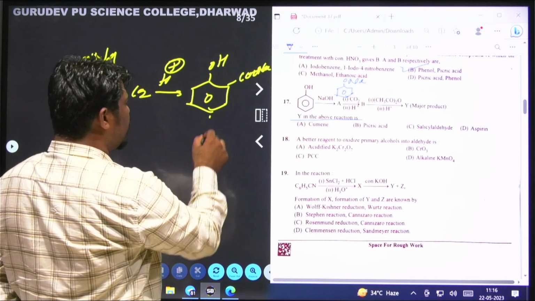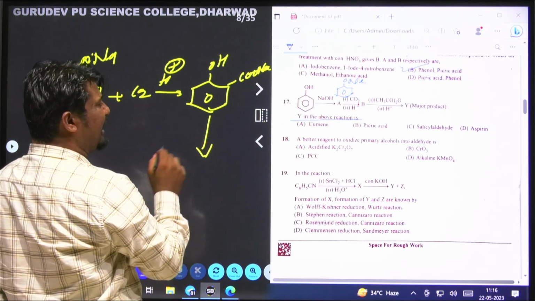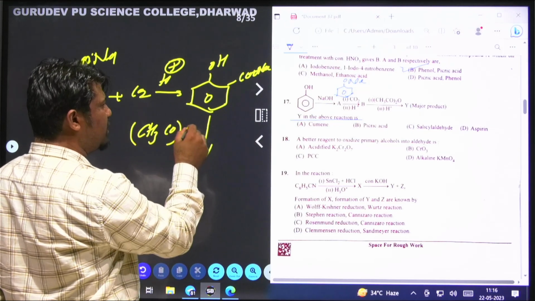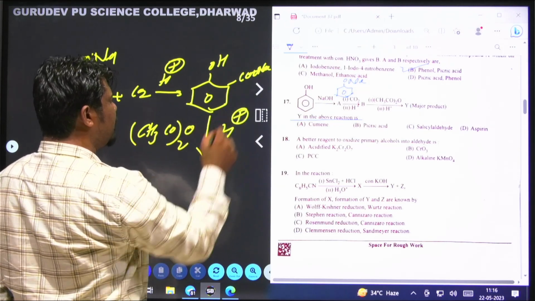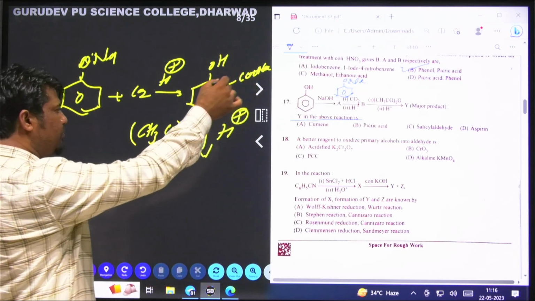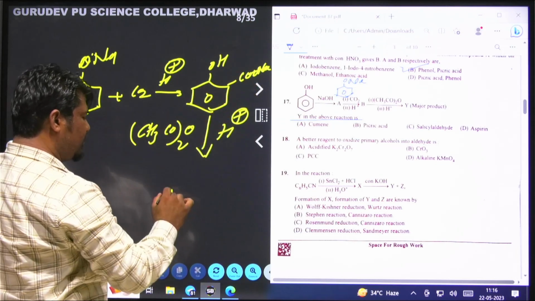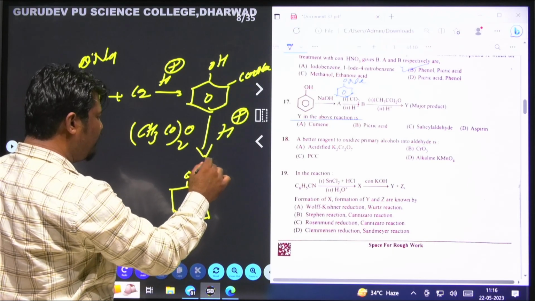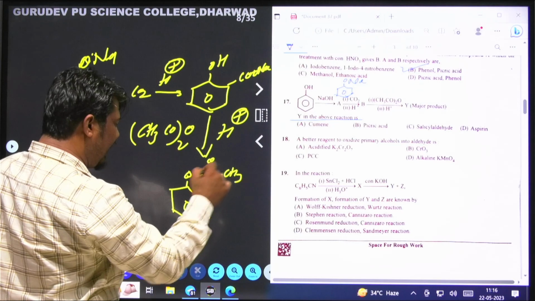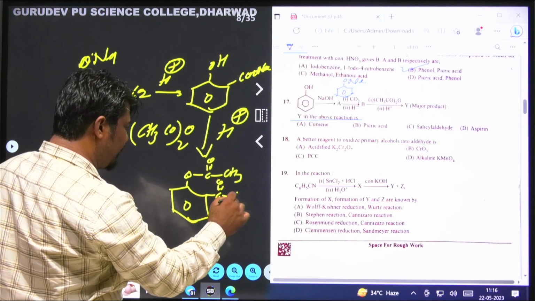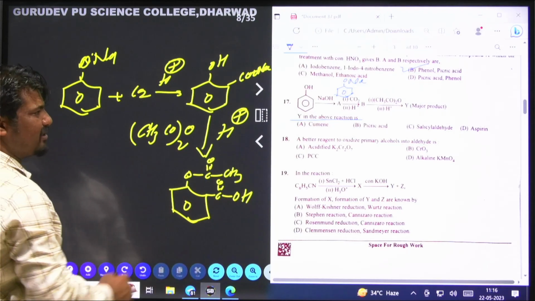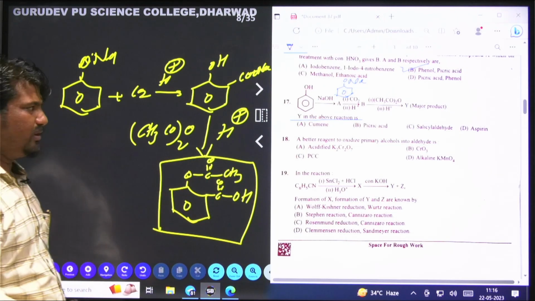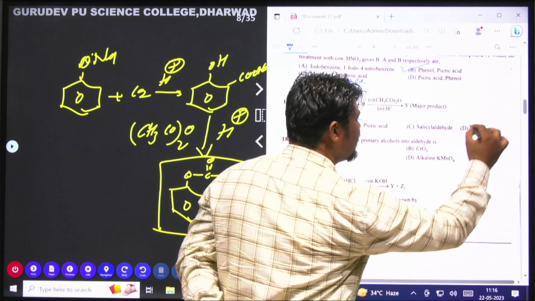When this molecule is reacted with acetic anhydride, in the presence of H plus, acetylation takes place. So resulting in the formation of acetylsalicylic acid. That acetylsalicylic acid, what do we call it? Aspirin. So here the product aspirin is this one, D.